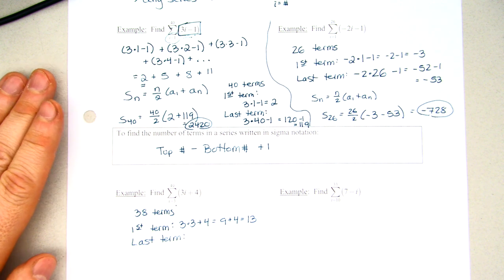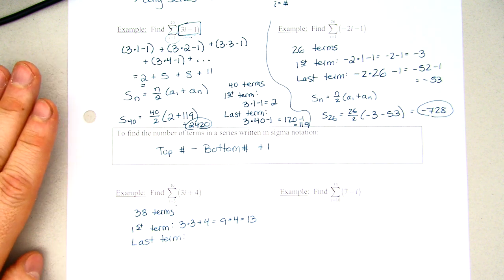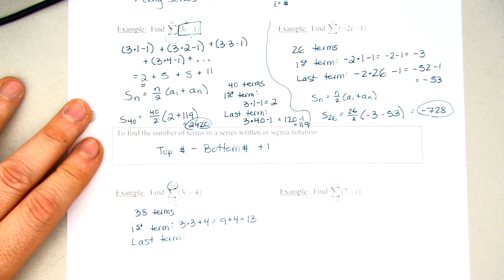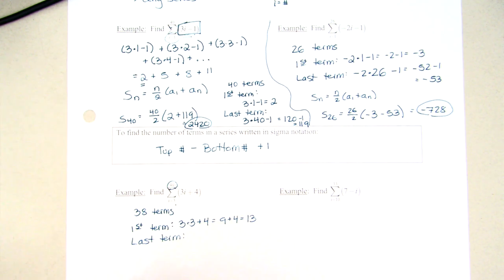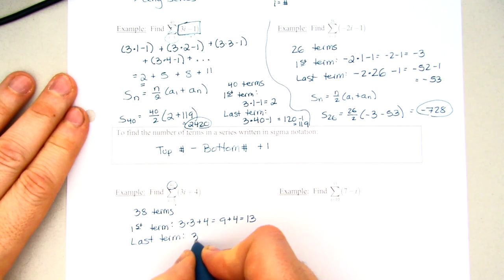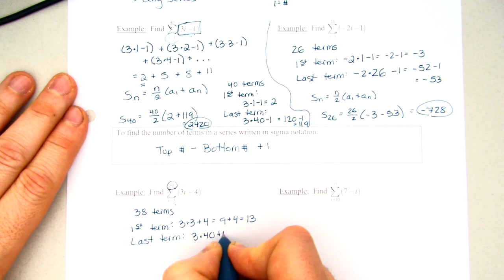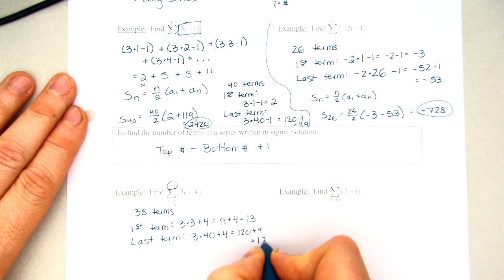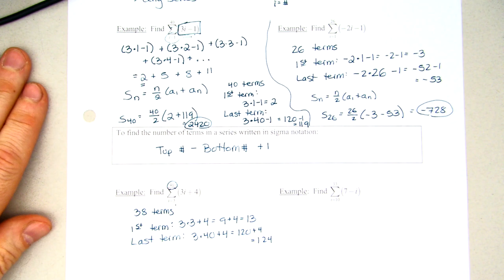Yes, there are 38 terms, but that doesn't really matter here. The last term involves plugging in your upper limit from your sum. Go plug in that 40 and tell me what you get for the last term. This is 3 times 40 plus 4. That will give you 120 plus 4, and your last term should be 124.